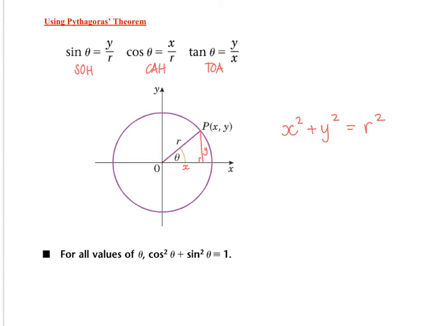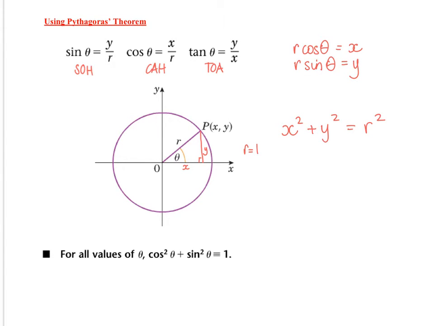And if we say it's a unit circle, then that means that the radius is equal to 1. So if we rearrange the cos theta, we get r cos theta is equal to x. And for y, we get r sine theta is equal to y.